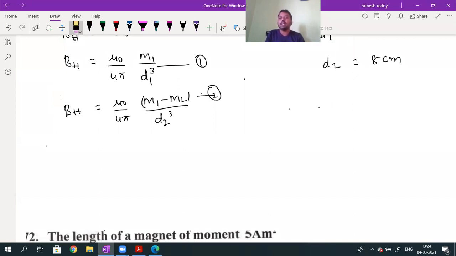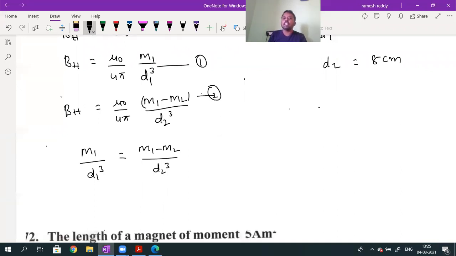By equating that, I will get M1 divided by D1 cubed value will be equal to M1 minus M2 divided by D2 cubed.